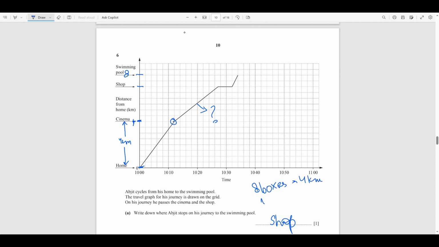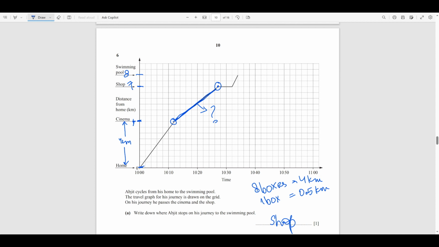That means one box is half a kilometer, right? So this point is going to give me 7. When we are talking about this particular line, we need 2 points on the line to calculate the gradient.